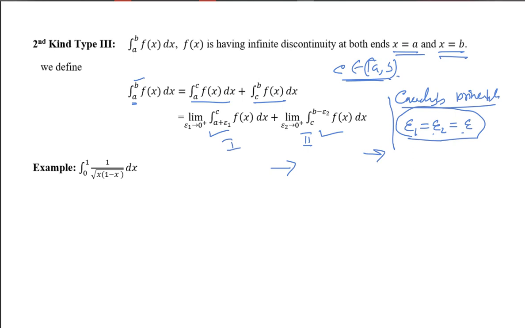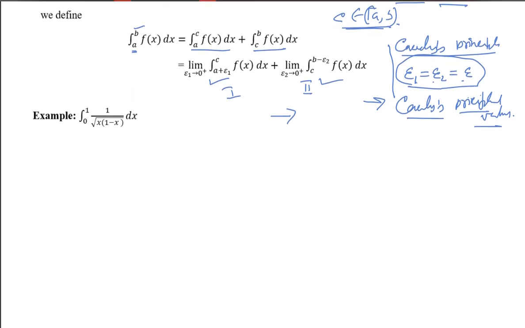That value is known as Cauchy's principal value. This is known as Cauchy's principal value when we take epsilon 1 is equal to epsilon 2 is equal to epsilon. Okay, sometimes we'll do one example on this later.